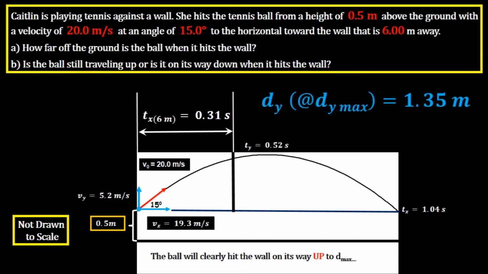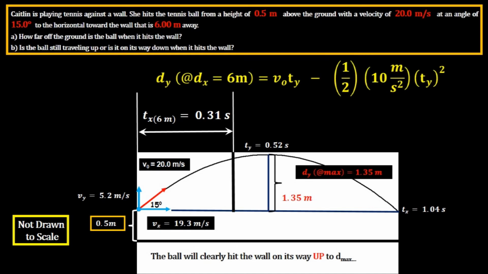So the vertical height. You see that the height for dy at 0.31 seconds, or at dx at 6 meters, will be less than 1.35 meters. And I'd like to find out precisely the difference between the two heights. So there's the 1.35 meters. Notice here too that on the bottom I wrote the ball would clearly hit the wall on its way up to Dmax.